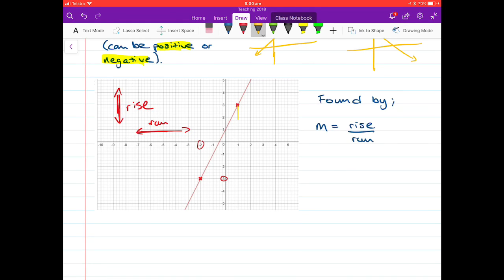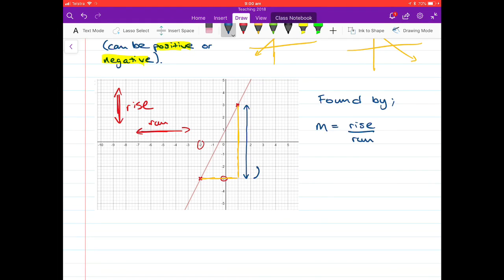Now what we can do is draw a little triangle which links these together. What we need to do now is look at the rise, so how far we have gone up to here from down here.